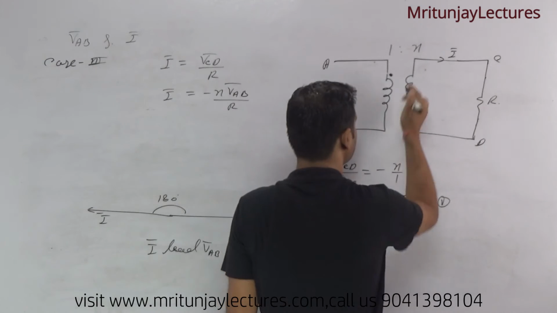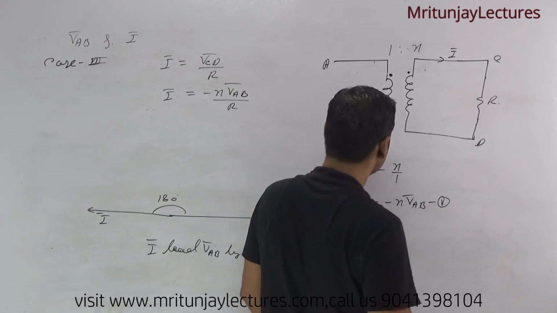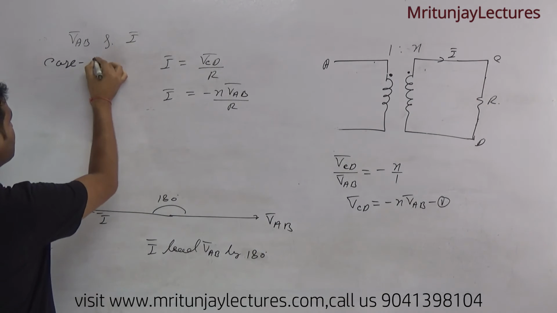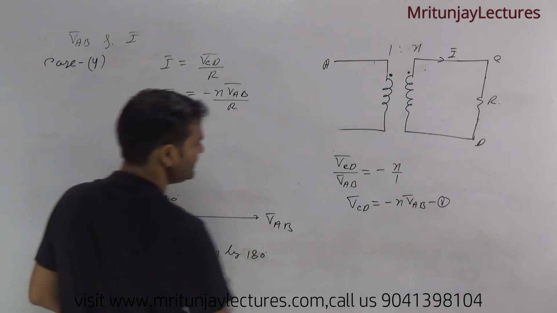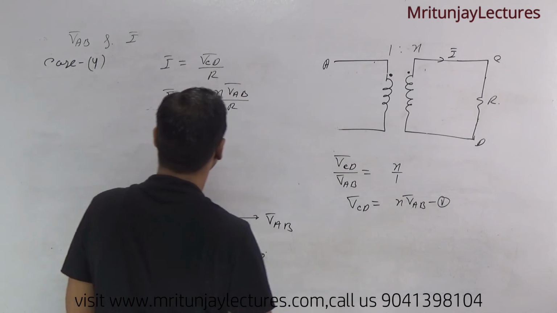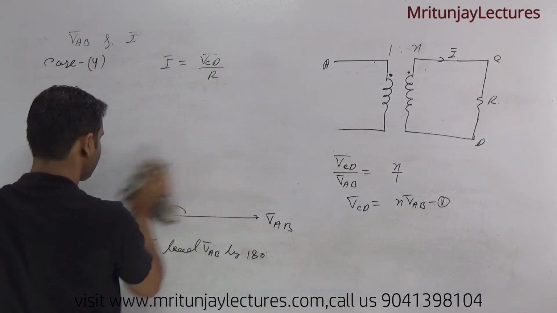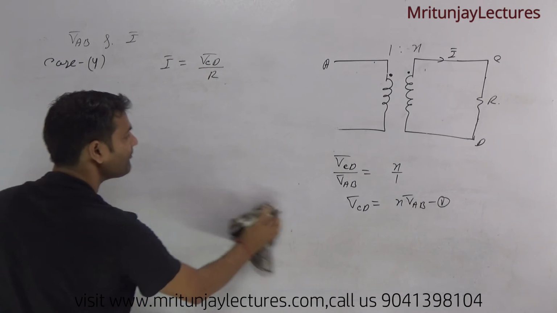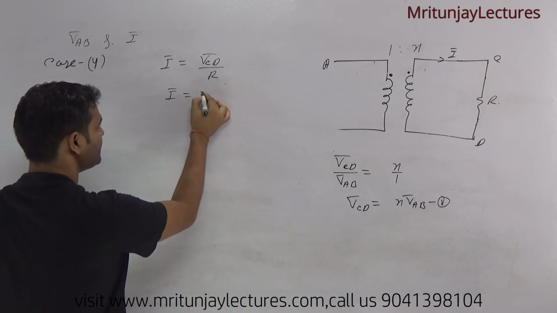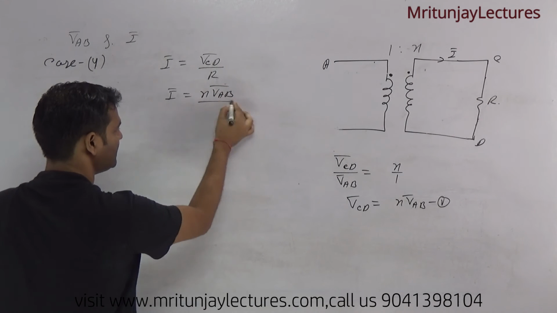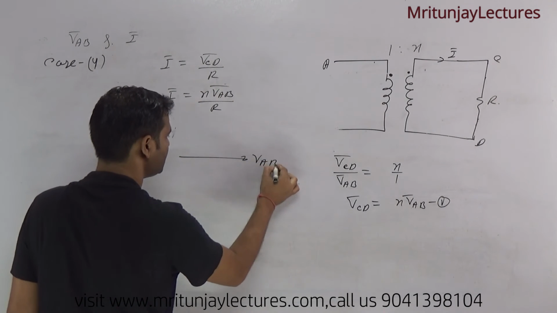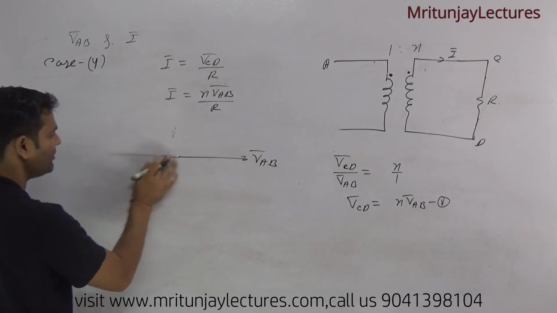Now, if both polarities are the same, case number 4, the relation between V of CD and V of AB is like this. Now in this case, I is written as n V of AB divided by R. It means if V of AB is like this, then what about I?